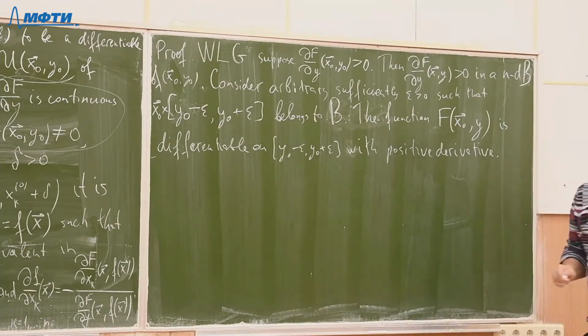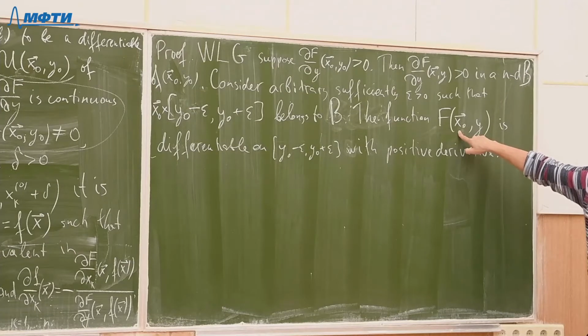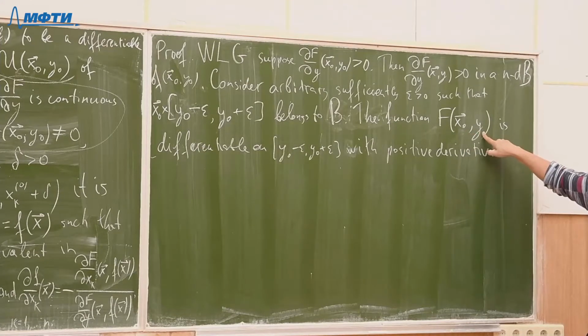Why? Because look, I fix one variable, right? Oh, not one. First n variables, right? They are fixed. Only one variable varies.